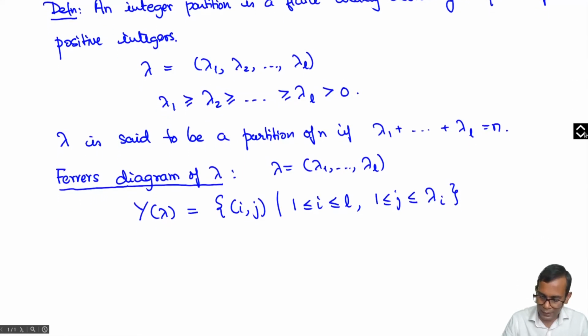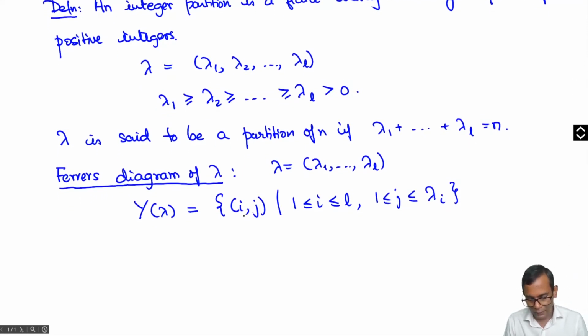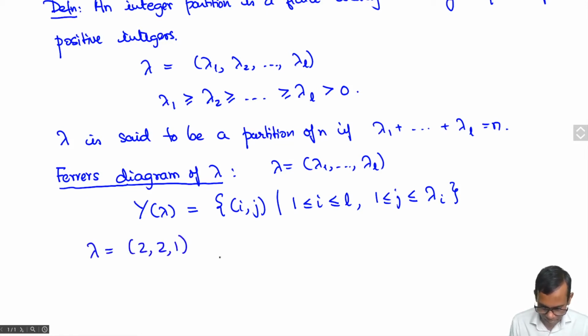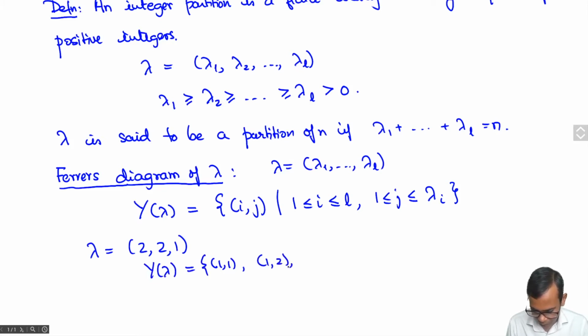And we visualize this by drawing these points as dots using the matrix indexing for positioning. To explain what I mean, suppose I take lambda equals 2, 2, 1. Then Y lambda is going to be equal to (1,1), (1,2), (2,1), (2,2), and (3,1).